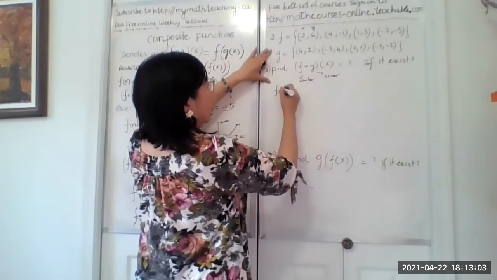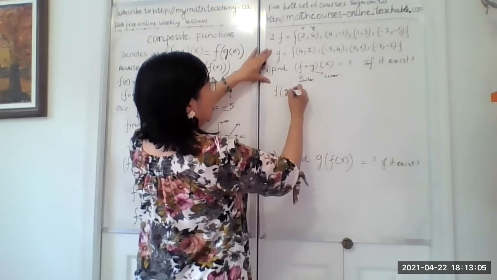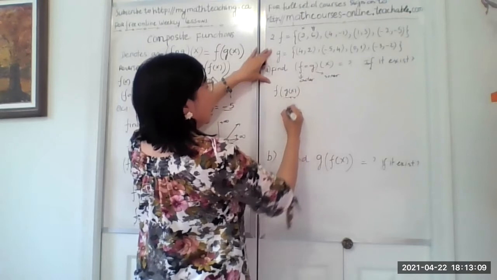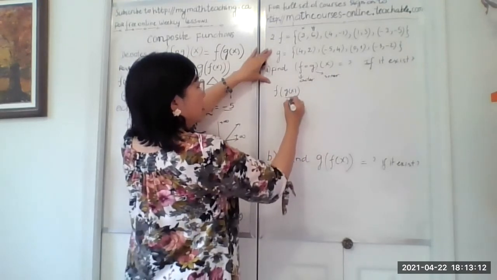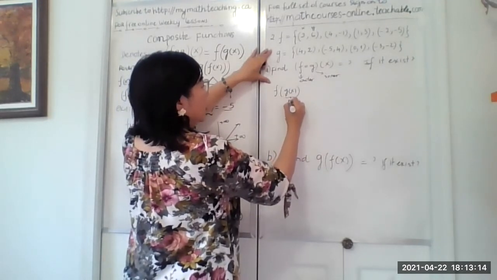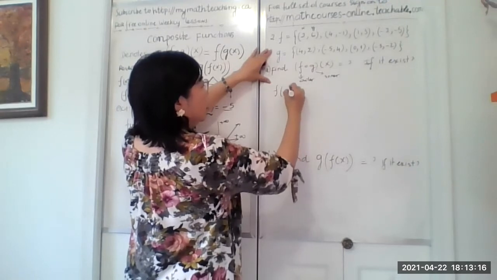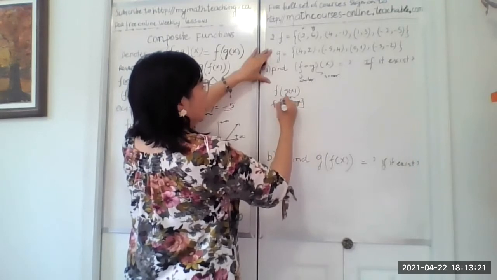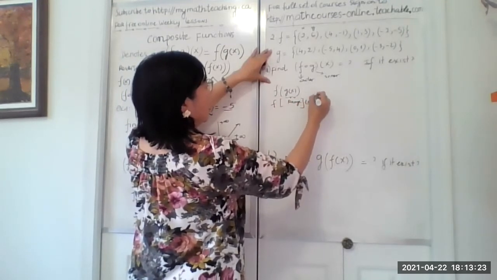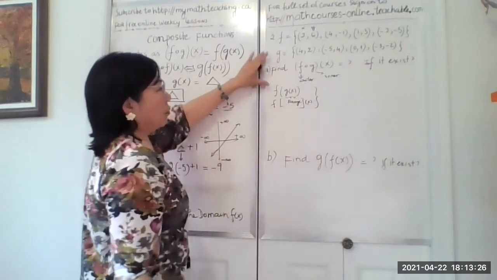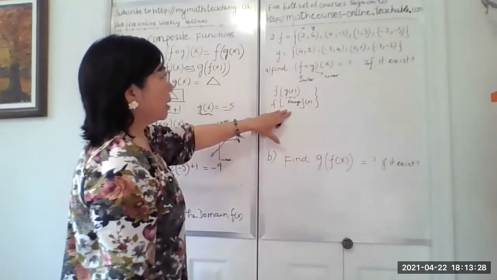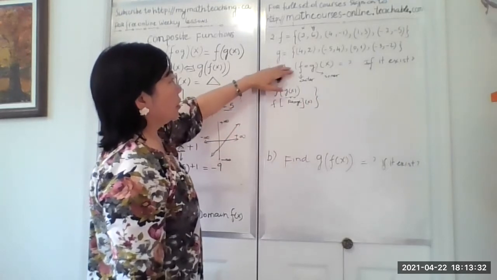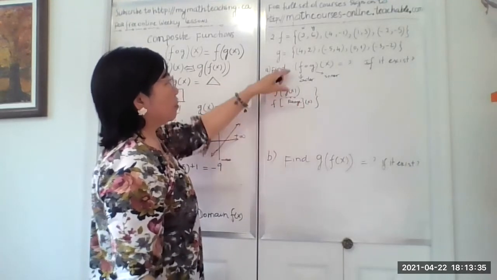The g of x here is actually the range, and the range of g of x becomes the domain of f of x. That's the idea. So first, let's identify the range of g of x.